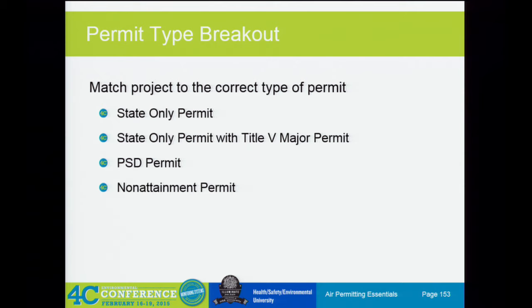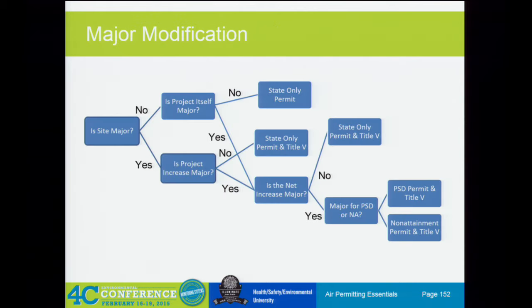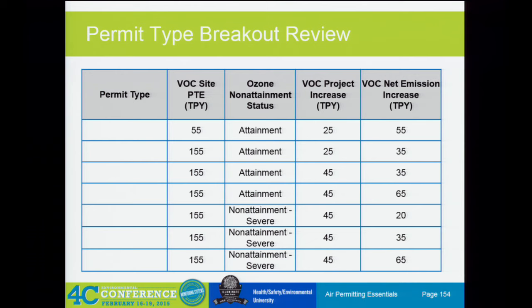All right. So now we're going to have a little bit of a breakout. We're going to basically go through this exercise with 1, 2, 3, 4, 5, 6, 7 examples. So we got some handouts for you.